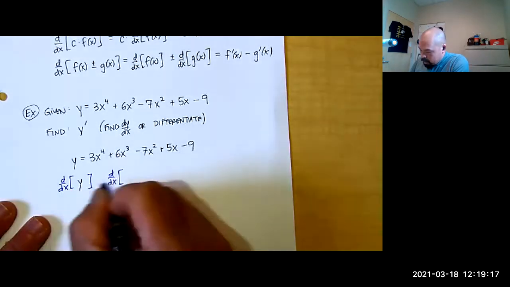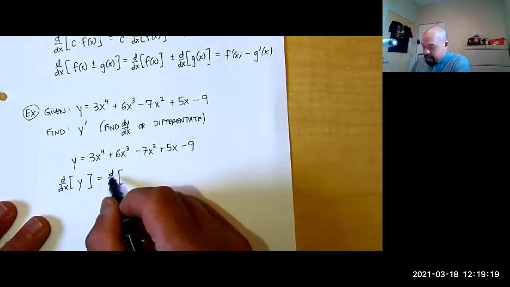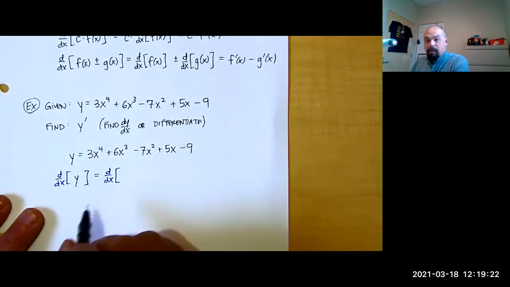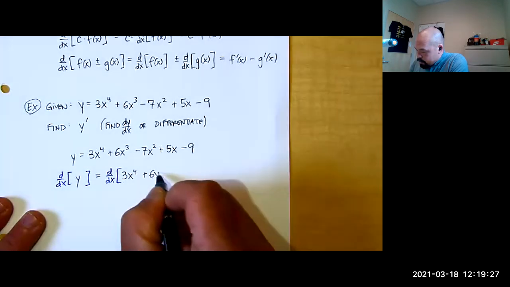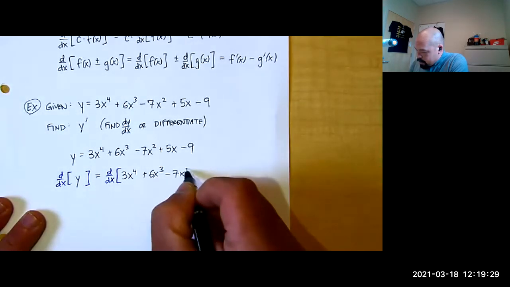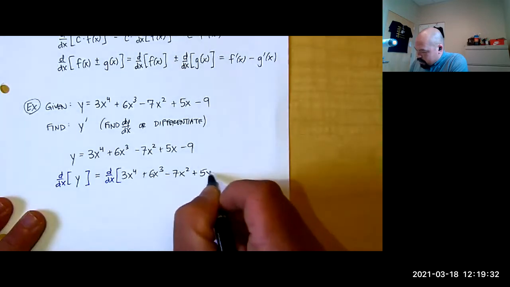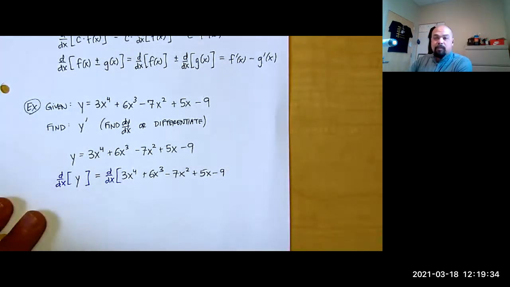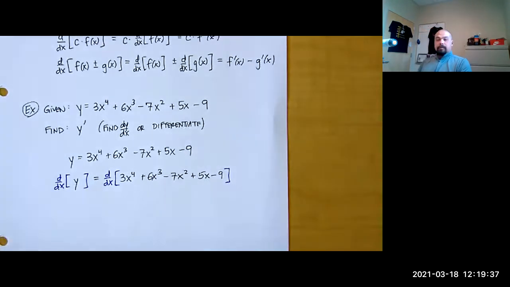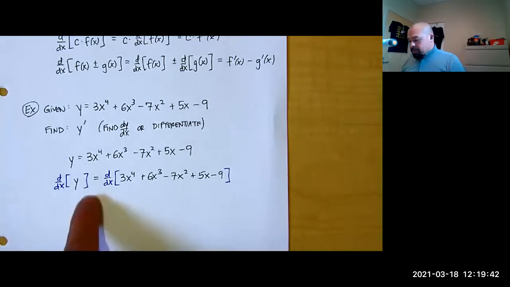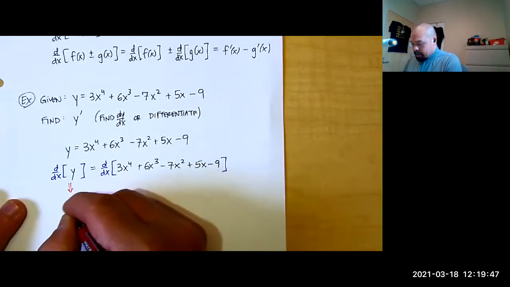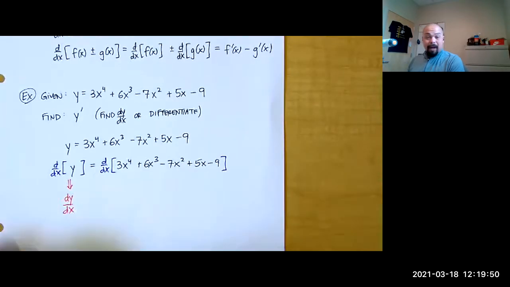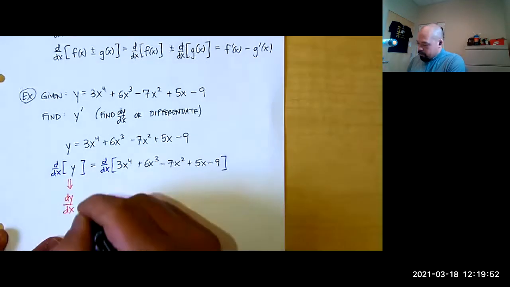Derivative of y, the dx derivative with respect to x. That's what everything depends on, this variable x. So here, taking that derivative, there's our dy dx, or y prime.